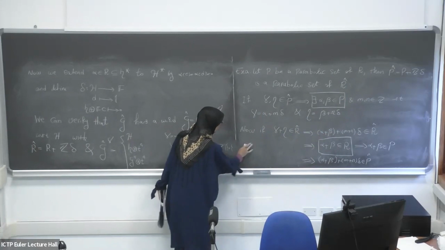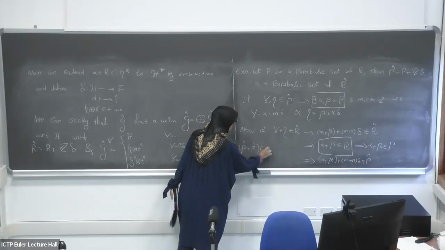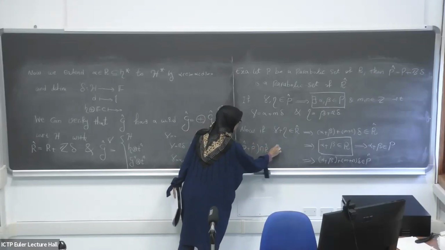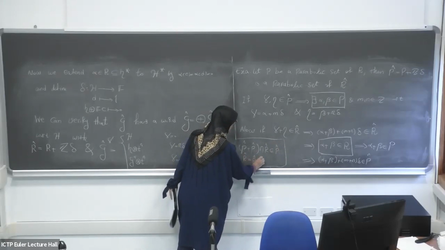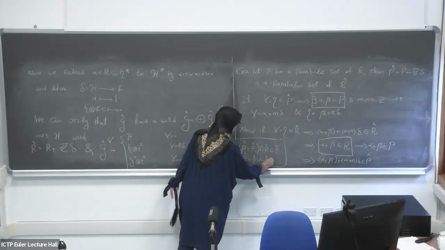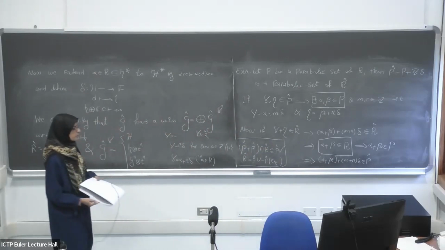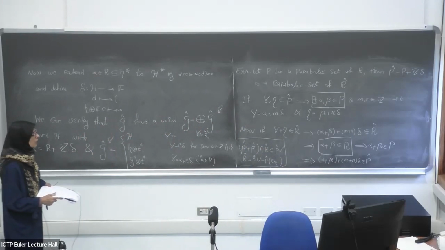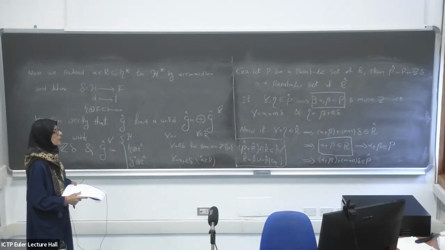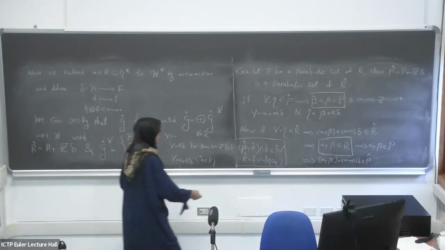I just showed that P hat plus P hat intersection R hat is a subset of P hat, and you can show that R hat is exactly P hat minus P hat. It is your exercise. Okay, so when we have a parabolic set of R, we can get a parabolic set of R hat.